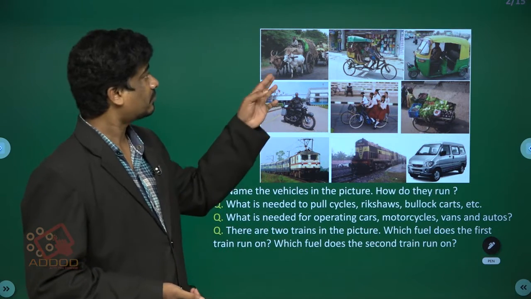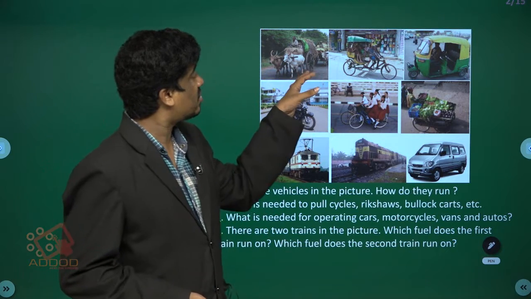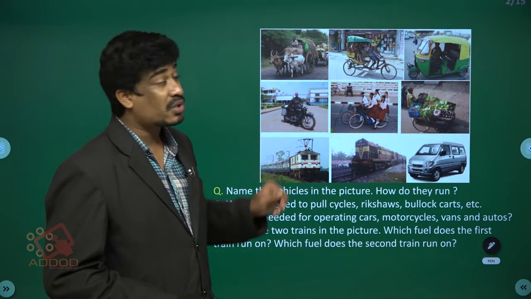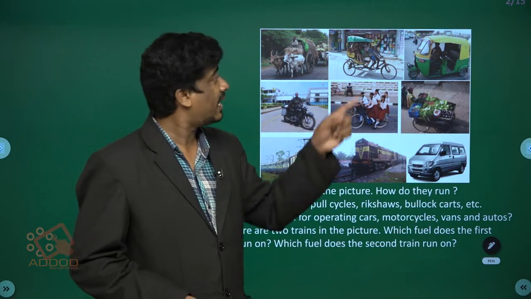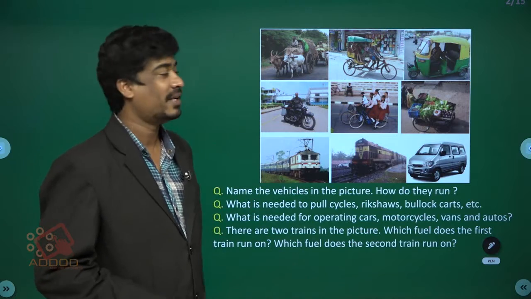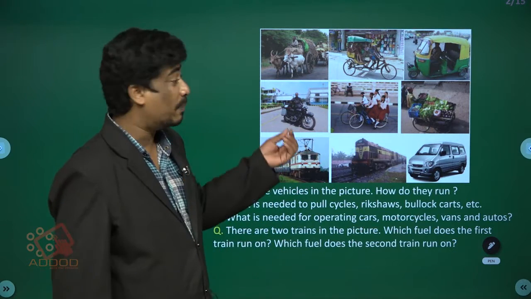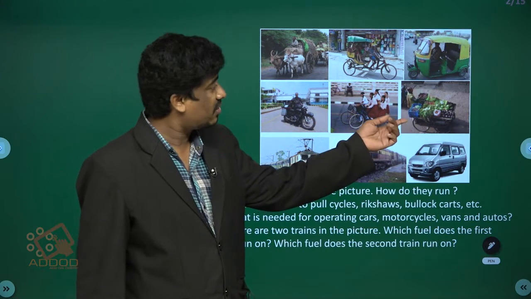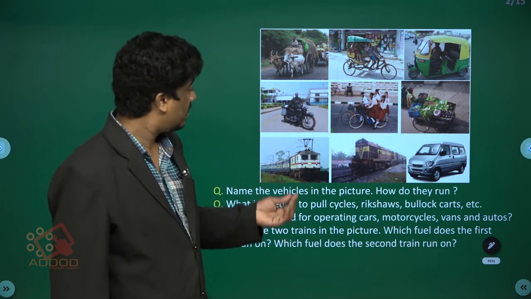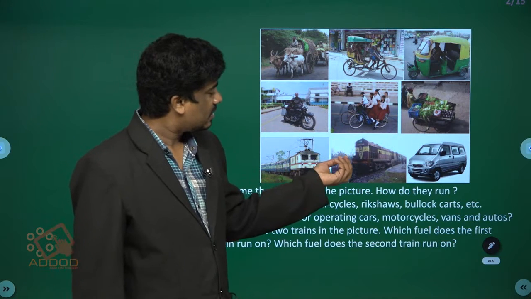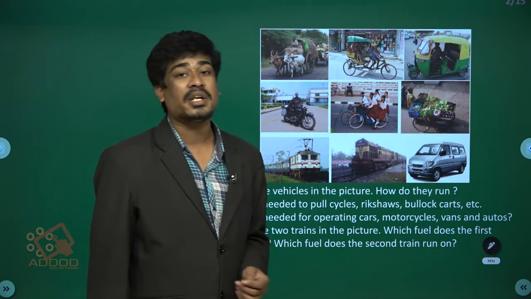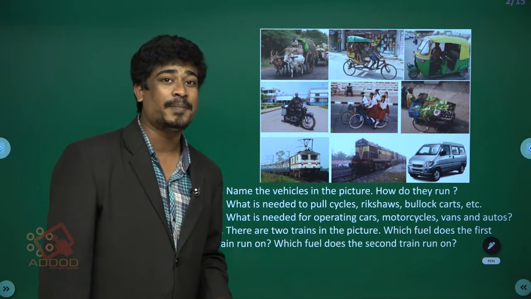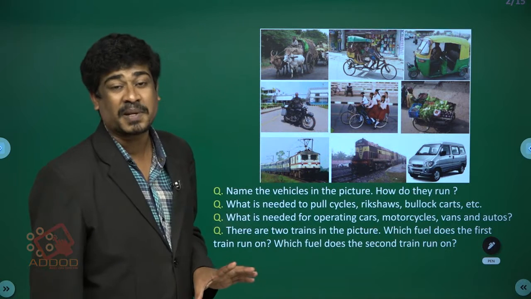A bullock cart, with a person traveling on the bullock cart while carrying goods. An auto rickshaw, a bicycle rickshaw, a bike, a bicycle, a train, and here a motor car. Some questions were given regarding this picture.